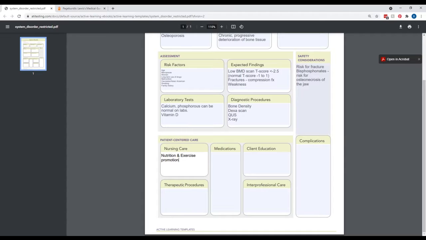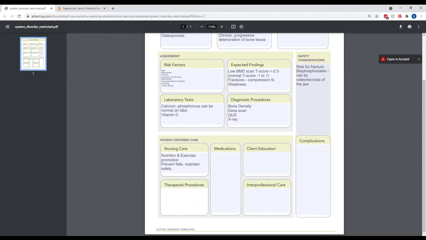All right, so we want them to be active. Nutrition is going to be huge, right? And then what else do we want to focus our nursing care plan on? Exactly. So we want to prevent falls and maintain safety. You don't want these people falling down. They're going to break their hip, and we've got more problems.